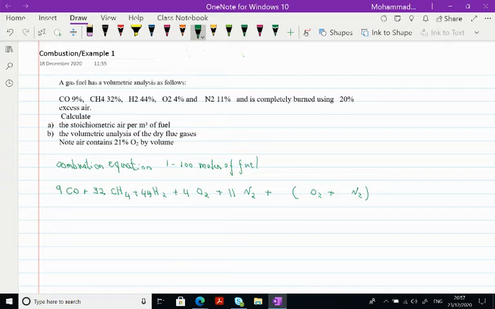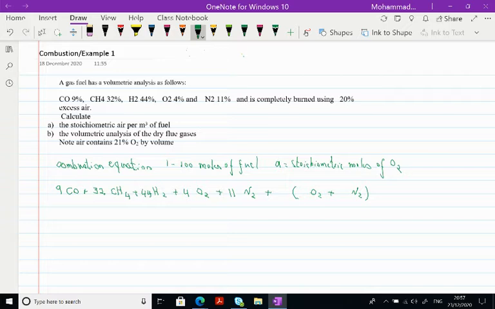But for oxygen, we consider a coefficient of A as the stoichiometric moles of oxygen.